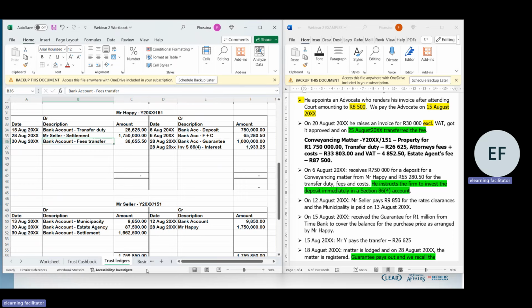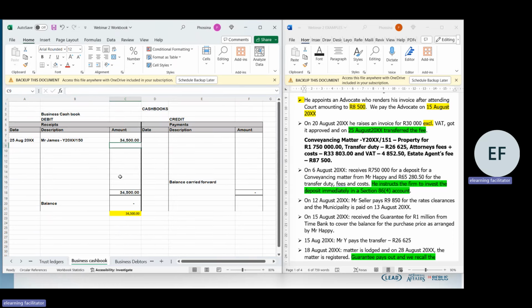Then let's receive it in the business. Come to the business cash book. It's on the 13th of August, 20XX, and it's Mr. Happy, and it's a matter reference Y20XX stroke 151, and it's a what? Trust transfer. We can show that it's coming from trust.